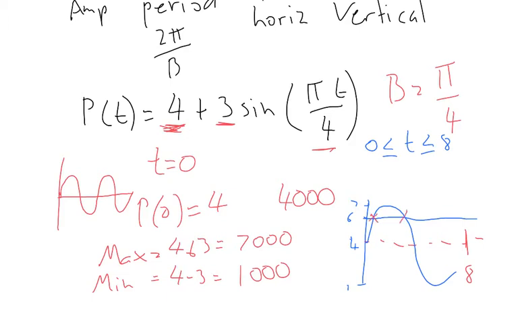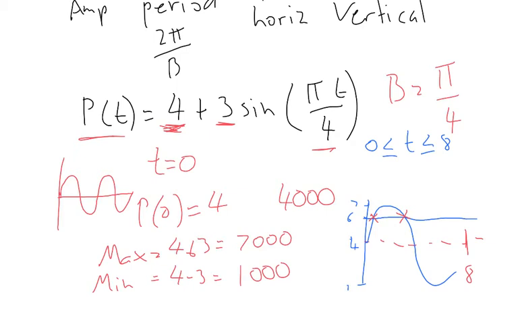I don't have my graphing package on this device to check, but your y1 value would be p of t, and your y2 value would be just 6. So you have two graphs, and you just find out where they intersect.